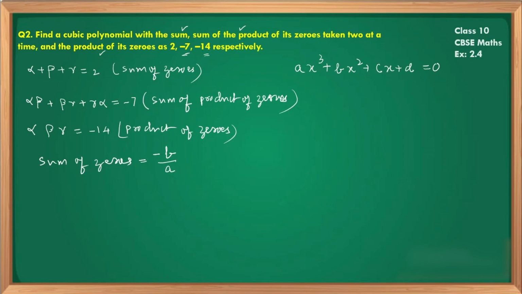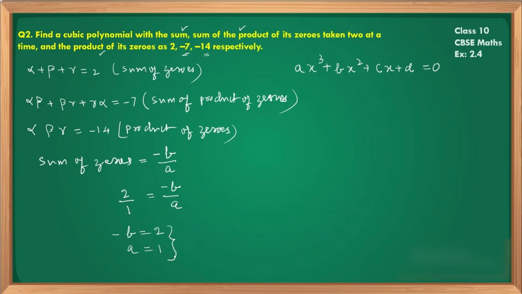Now sum of zeros, we have 2 here. We write down 2 is equal to minus b by a as it is. Here in the denominator we don't have anything, so we can write down 1. Now minus b is equal to 2 and a is equal to 1.